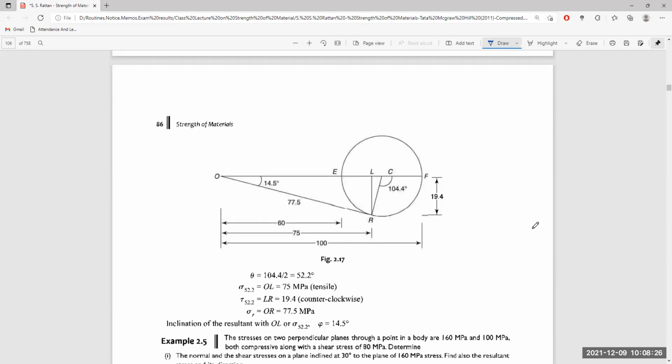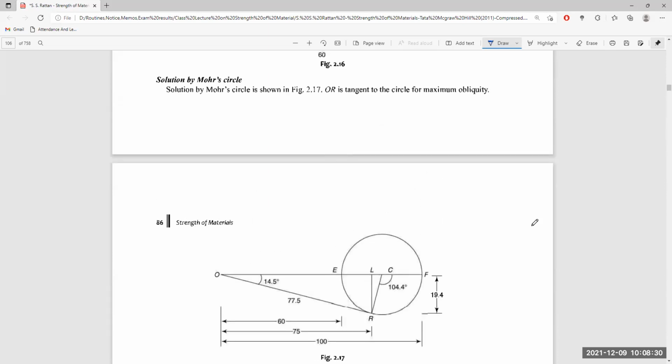First of all, we have to put OE, which is the minimum stress, and then we put sigma x as OE, I'm sorry, sigma x as OF and sigma y as OE.